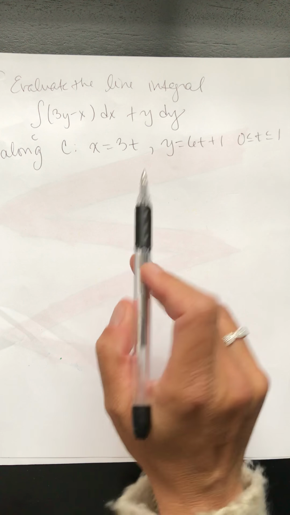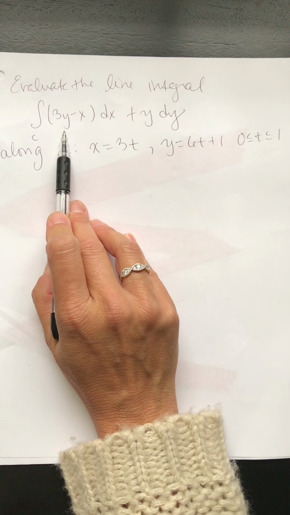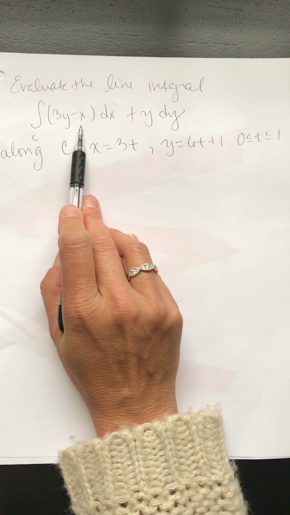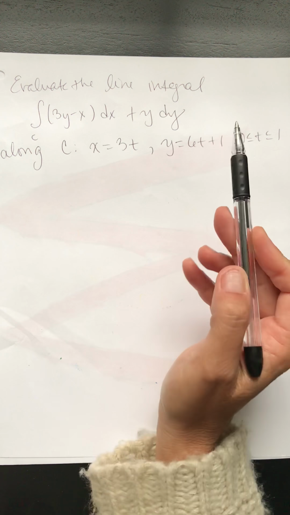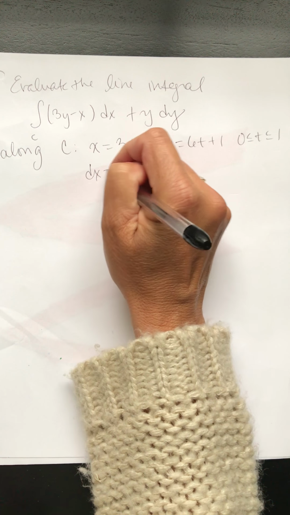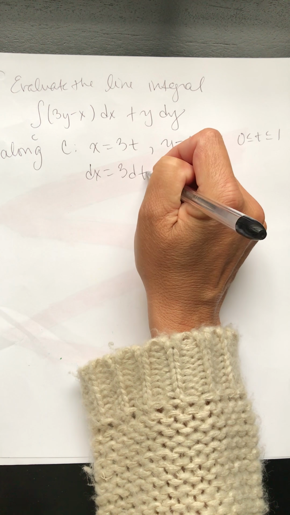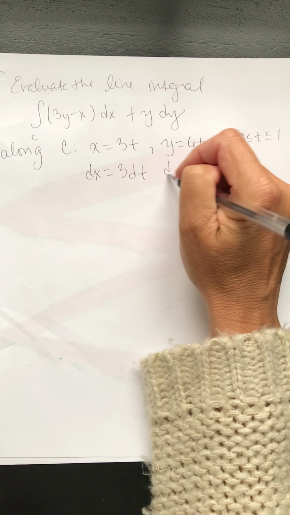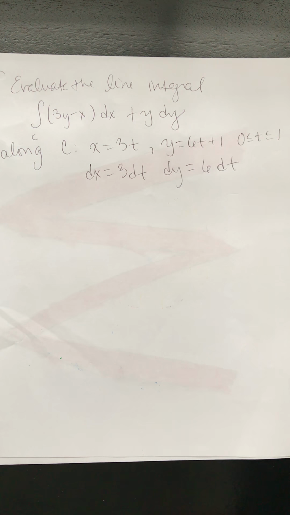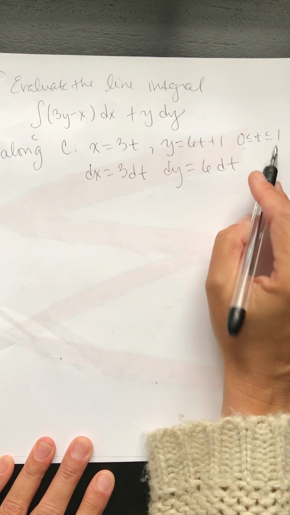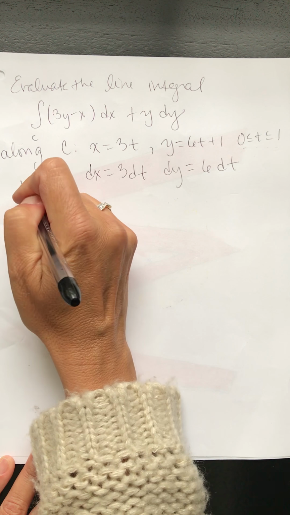So I can see that instead of my y, I'm going to write 6t plus 1. Instead of x, I'm going to write 3t. Instead of dx, let's figure out what I'm going to write. So what does dx equal? 3 dt. Instead of dy, I'm going to write dy equals 6 dt. This is a really easy way. When you're given this differential form, you can just turn this into, so my t values go from 0 to 1.